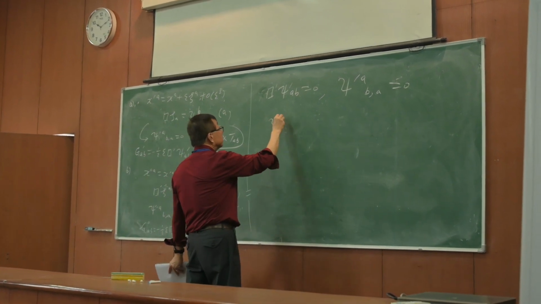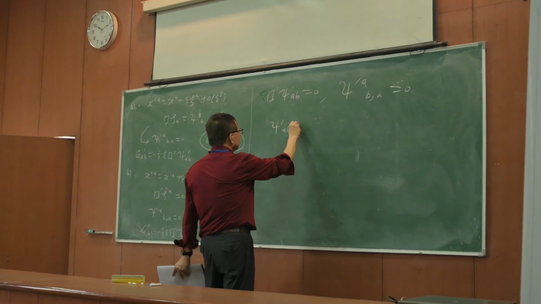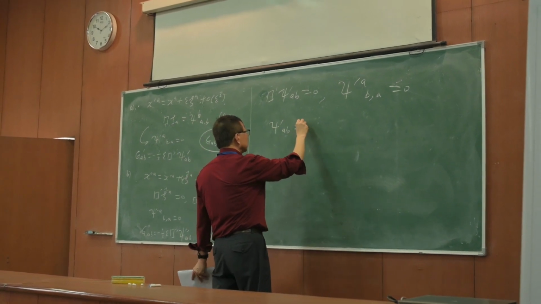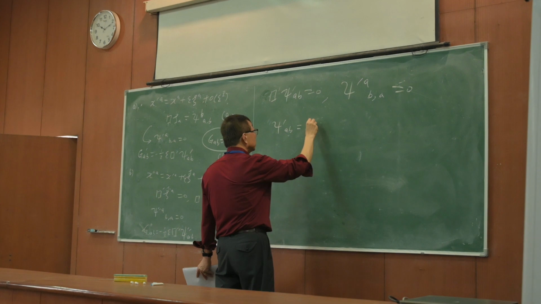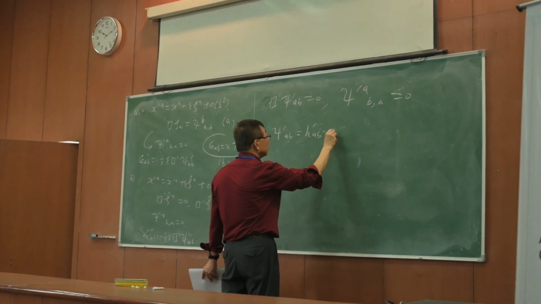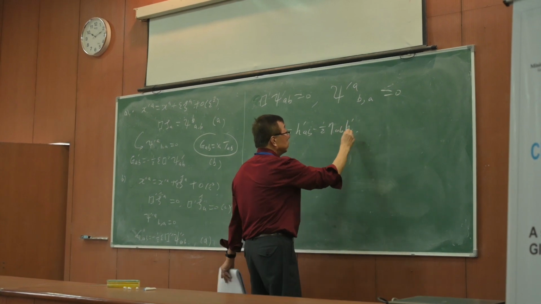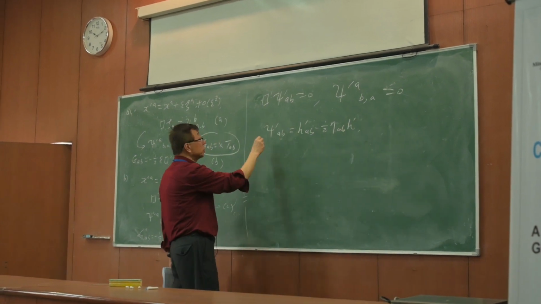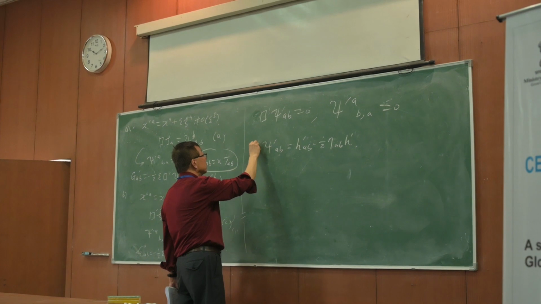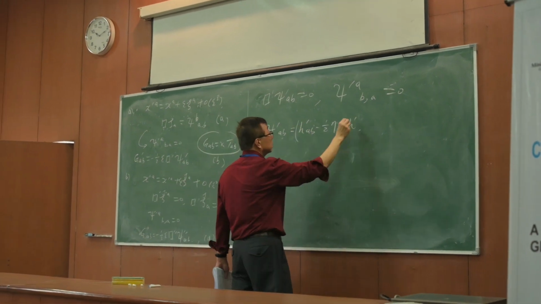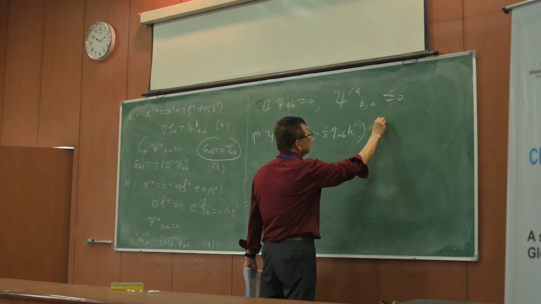Now, remember it's actually H prime AB equals A prime AB minus 1/2 eta AB H prime, right? So if on both sides I multiply by eta AB, this will be eta AB.